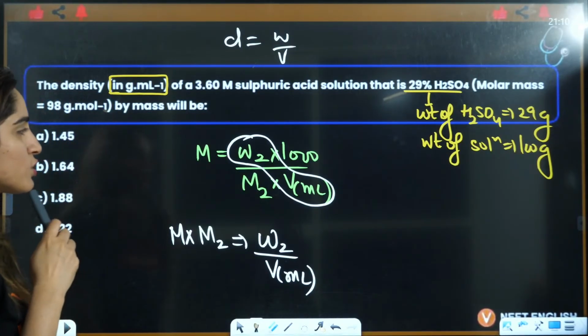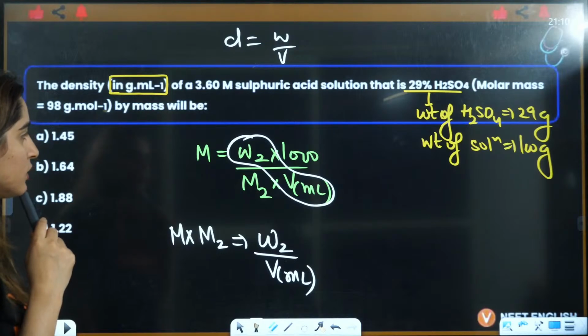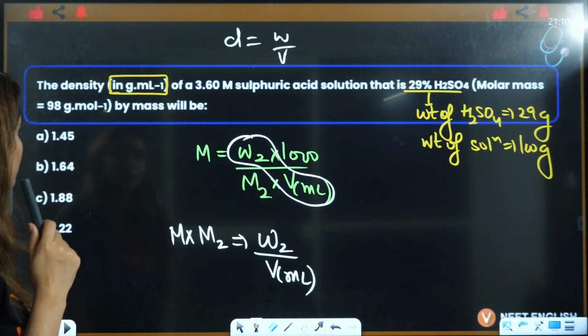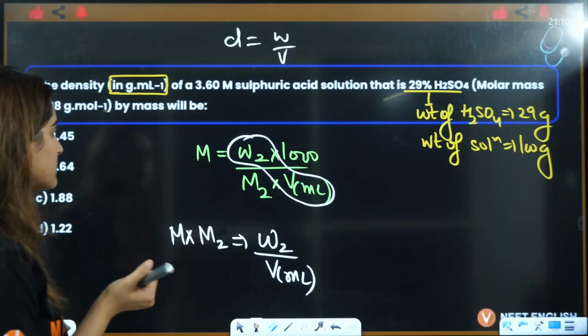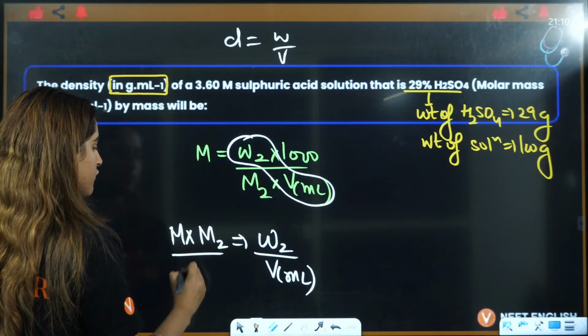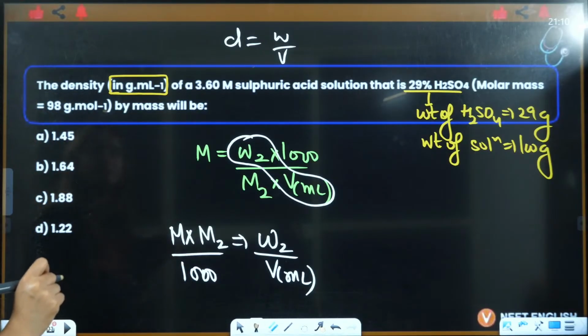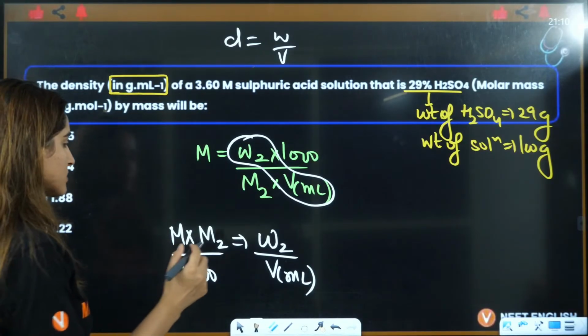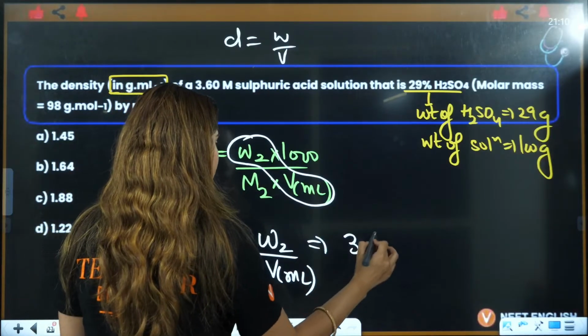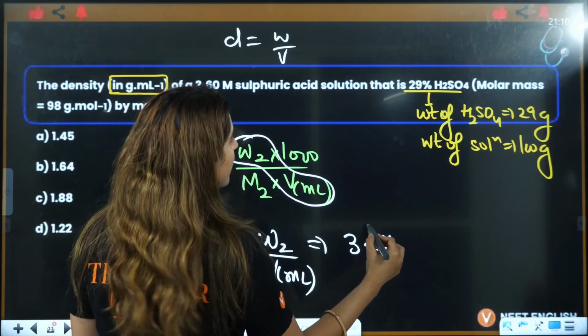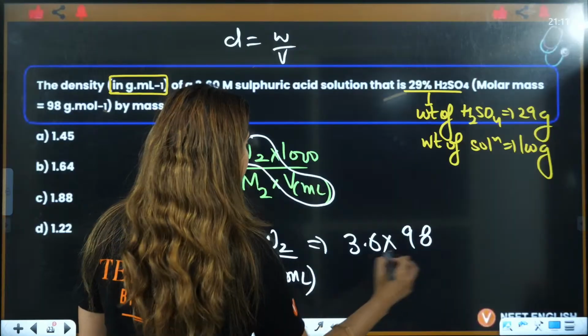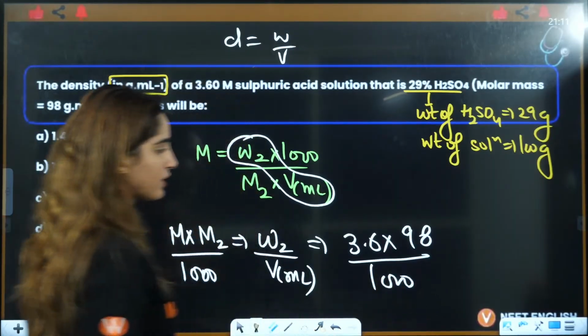In fact, that was also not needed then, right? Because they're asking you mass will be, right, this will be divided by 1000. Let me just see. Molarity is 3.6, right? 3.6 multiplied by molar mass of H2SO4 is 98 divided by 1000.